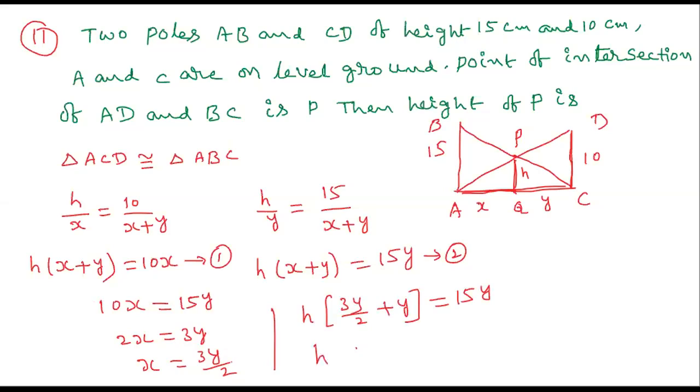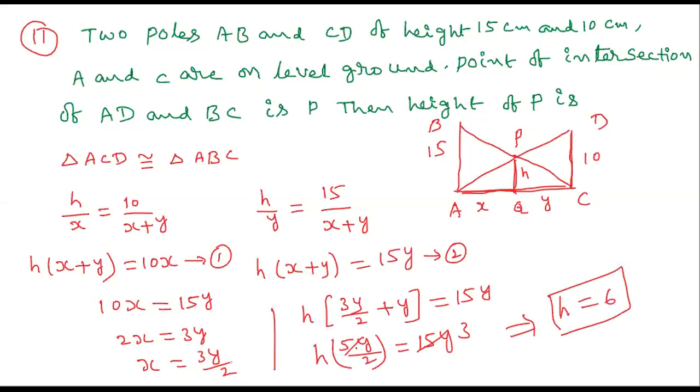Take the LCM here, 5y divided by 2 is equal to 15y. Now here 5y, 3 is there, cancel. Now what is H? H is equal to 6. So height of the P, that means PQ height, is 6 units.